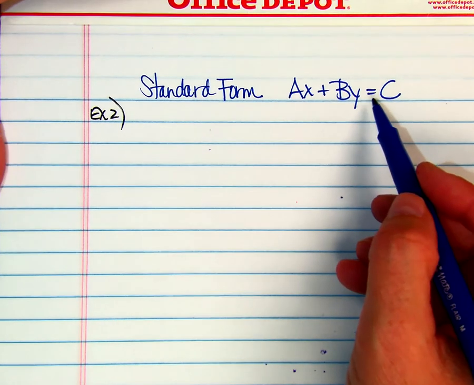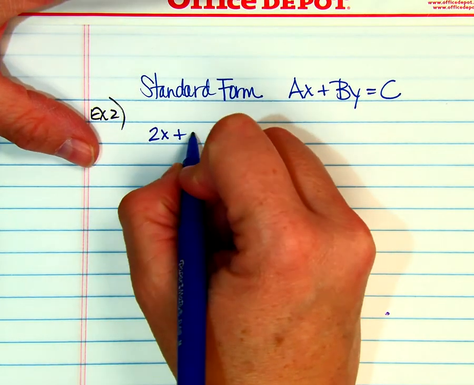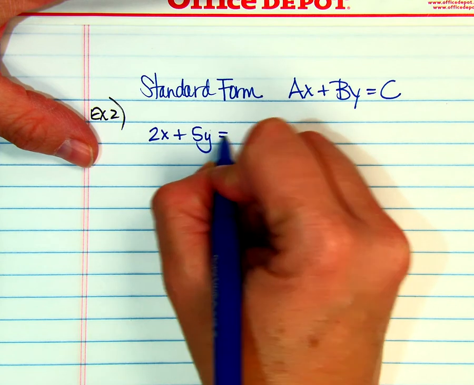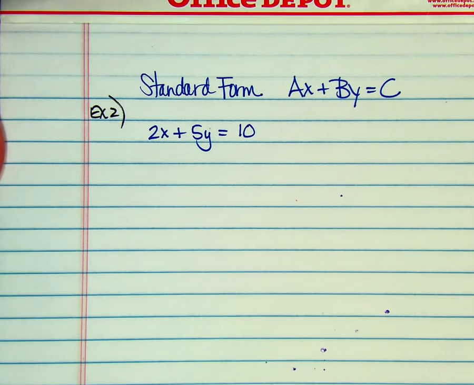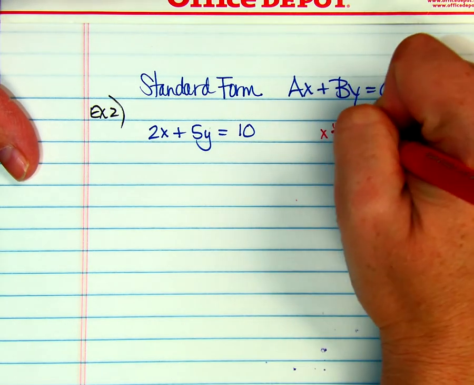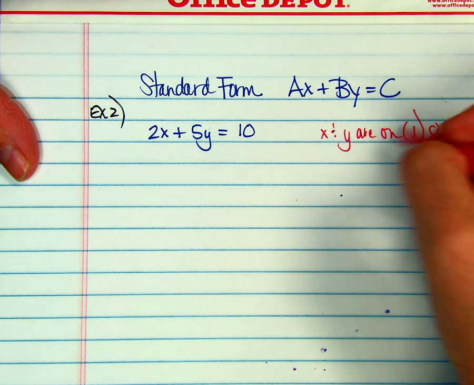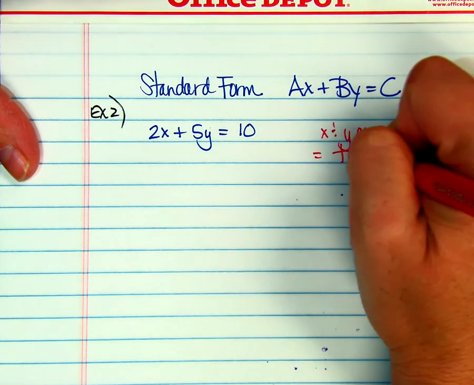You've seen this before. Again, we've never talked about it. If you have something like 2x plus 5y equals 10, that is standard form, where x and y are on one side, and equal to some number.